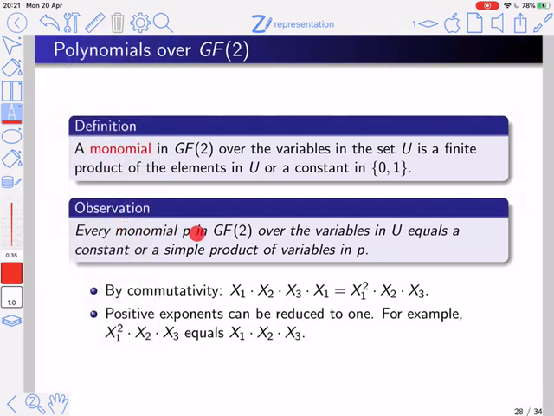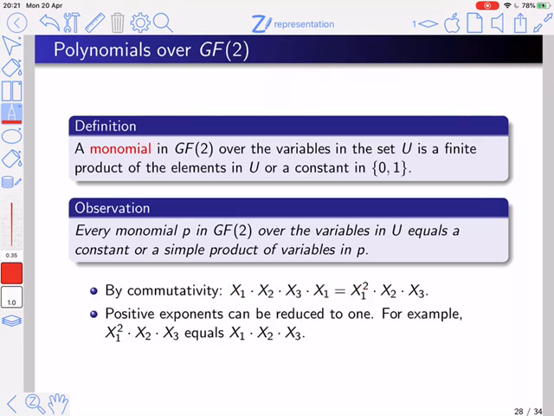Okay? So this is a monomial. Now every monomial in GF2 over the variable U equals a constant or a simple product of variables. Simple product means every variable appears at most once, right? Why is that? Well, suppose I have such a product in which a variable appears twice. So I write here x1 squared.